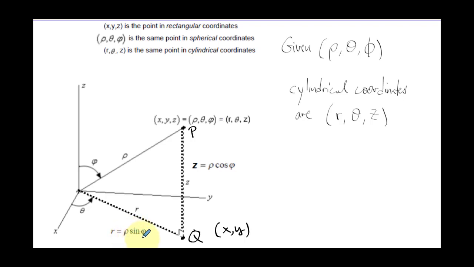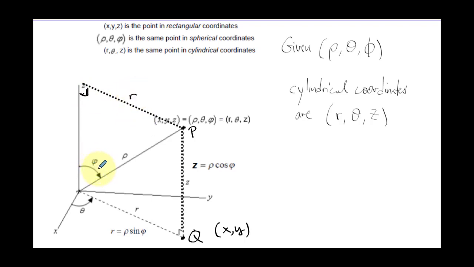Well, rho and phi are given values that I can use to compute r, and maybe you can see it if I move this dotted line up here. The reason I'm doing that is because I can also imagine a 90-degree angle here. And so then I have this triangle in three-dimensional space, and this is r here.